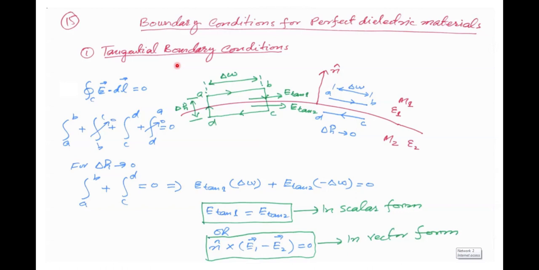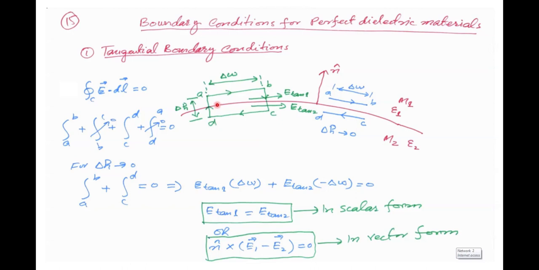When the electric field or D field is incident on the interface between two different materials, the electric field splits into two components at the interface, that is, a tangential component and a normal component. Now the question is how to obtain the tangential and normal components of the electric field.